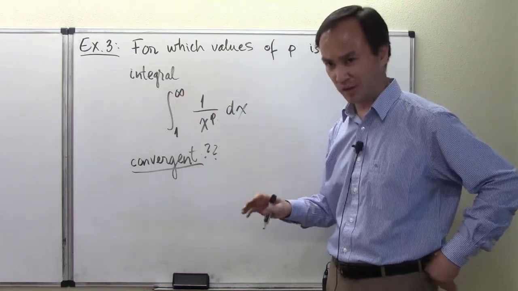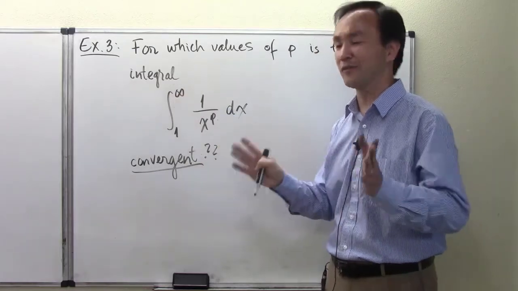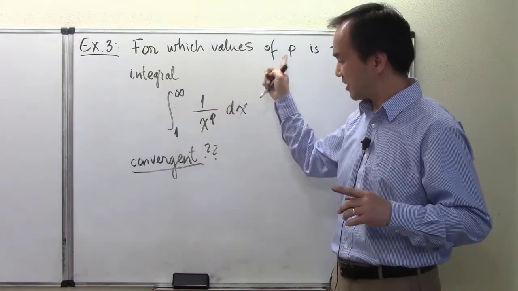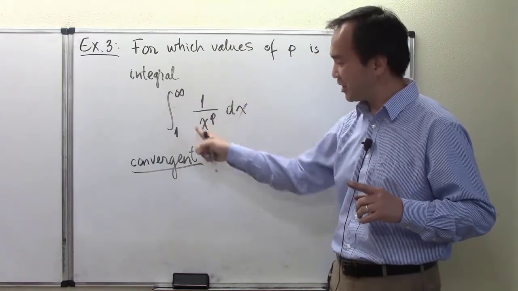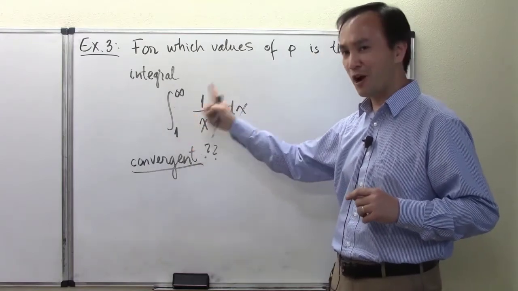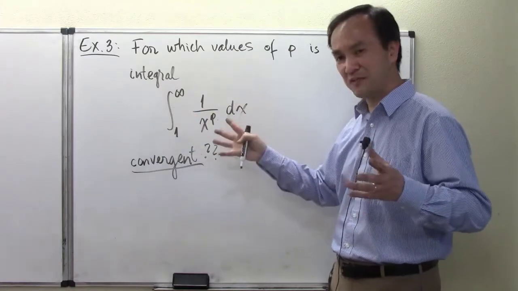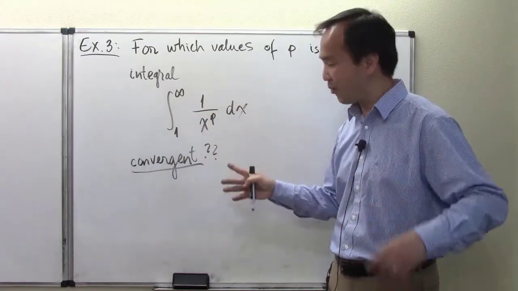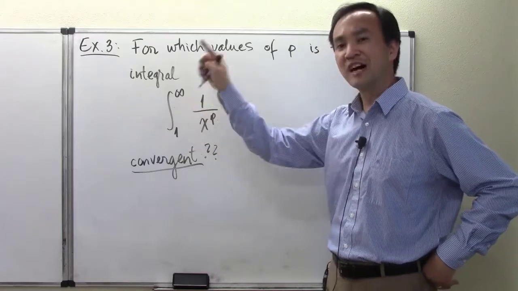So the question is specifically looking for values of p making this integral convergent, but it also means that outside of those p values, it will make this integral divergent.